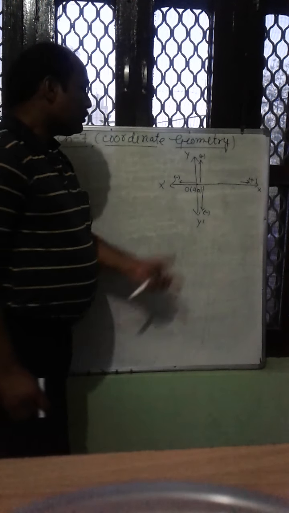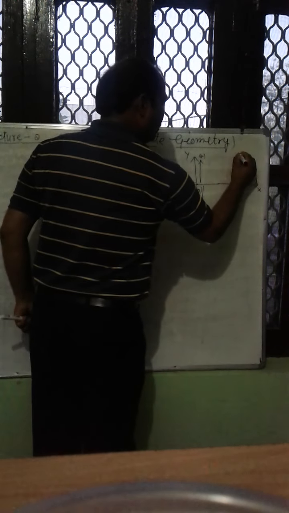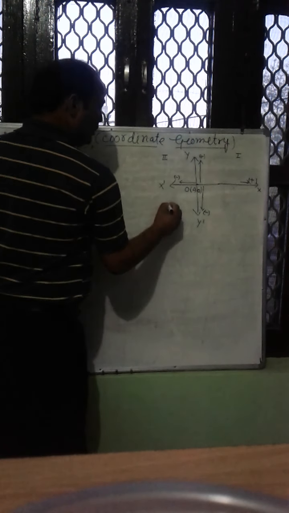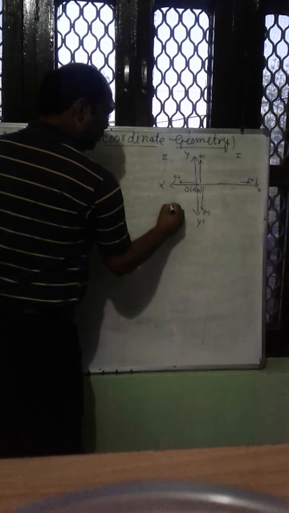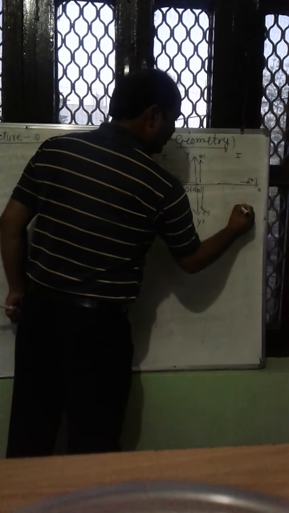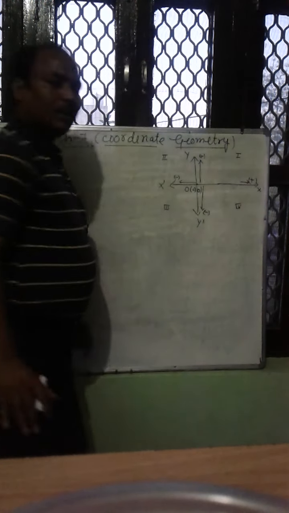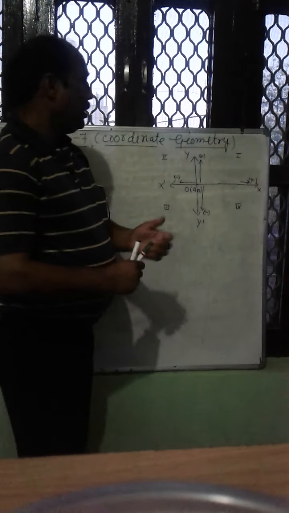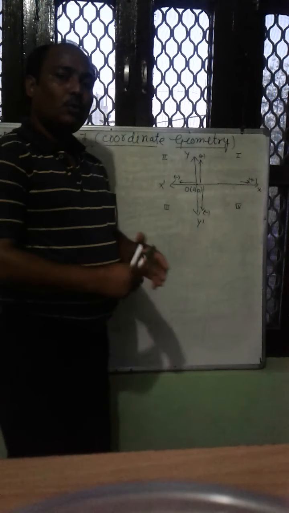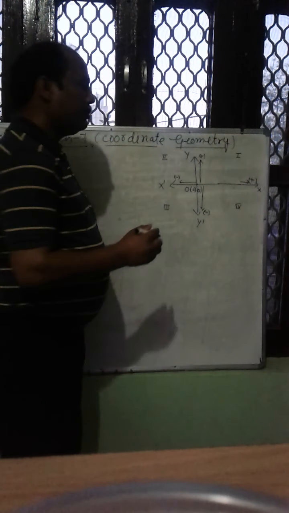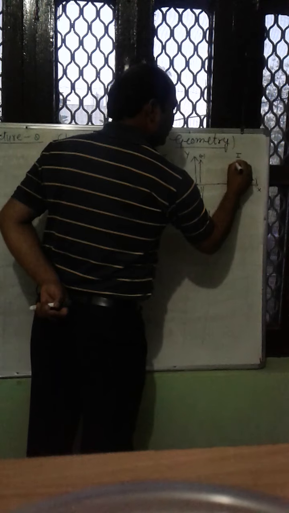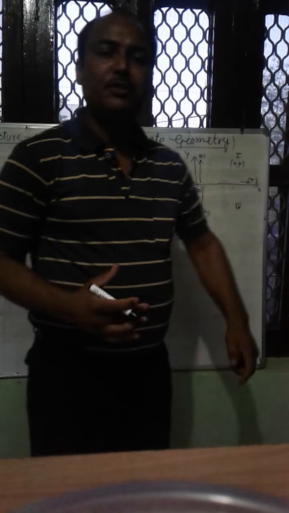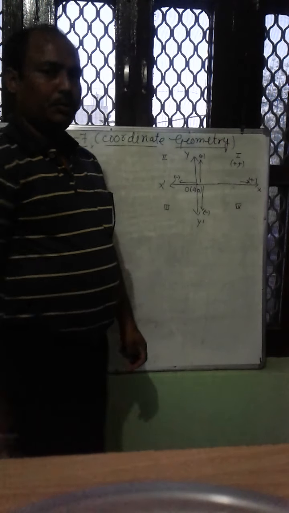Here this is the first quadrant, this is the second quadrant, this is the third quadrant, and this is the fourth quadrant. There are four quadrants. In the first quadrant, all the coordinates have plus signs: x and y take positive signs.